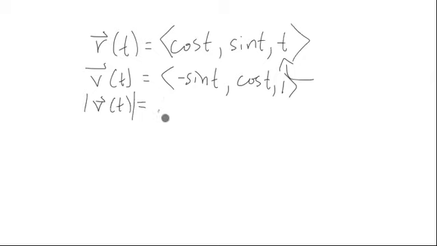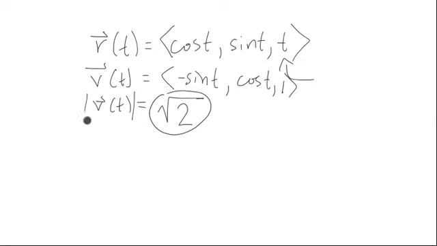That would be the square root of that squared plus 1. Now, sine squared plus cosine squared is going to be 1, plus 1 squared is going to be just 2. So we're looking at a constant. That's kind of handy. In this particular case, we actually get a constant for this, so this doesn't really depend on t, so that'll be very nice in our calculations in this particular example.